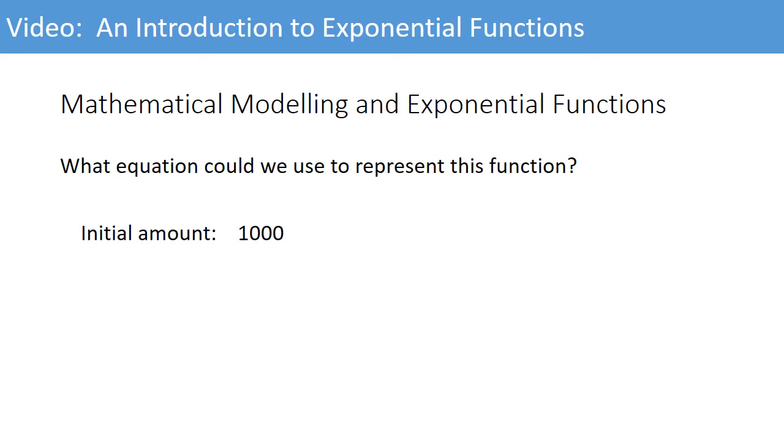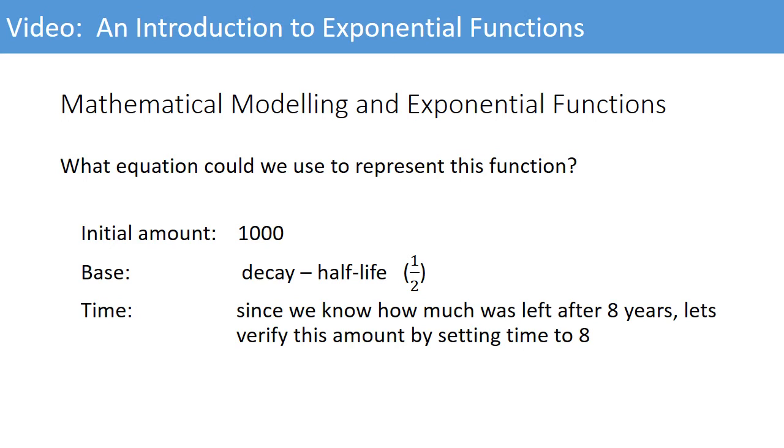What equation could we use to represent this function? We know the initial amount is 1,000. We know it's a decay question, half-life, so the base is 1/2. Since we know how much was left after 8 years, let's verify this amount by setting the time to 8. And of course, the period is the length of one half-life, which is 2.